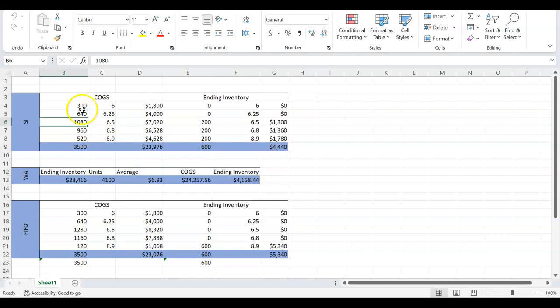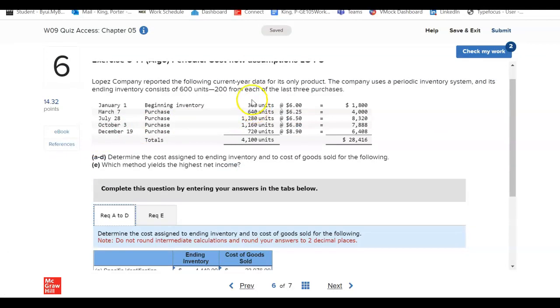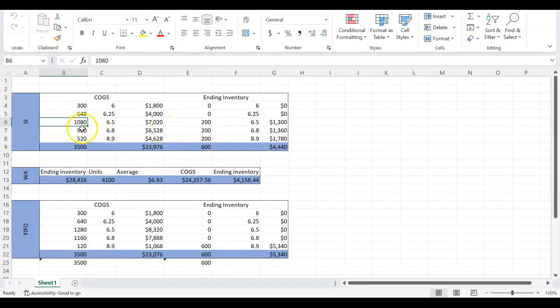So we took each of those, we put each of our inventory items from our unit numbers from this column here. We took 300 units, 640, and then we took 1,220 minus 200, 1,160 minus 200, and 720 minus 200. And we put each of those in this column here and did the sum of all of those.